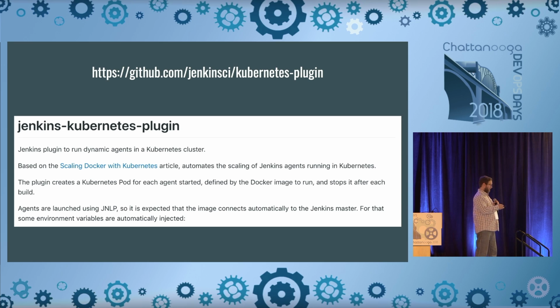If you want to adopt this, definitely just Google Jenkins Kubernetes. This GitHub page will come up. You want to get this plugin installed. It's pretty easy to get working with. This is going to allow you to define a pod template for your Jenkins agents, where you can define the permissions, what image you're using, all that good stuff.